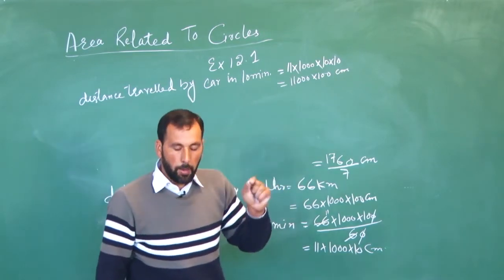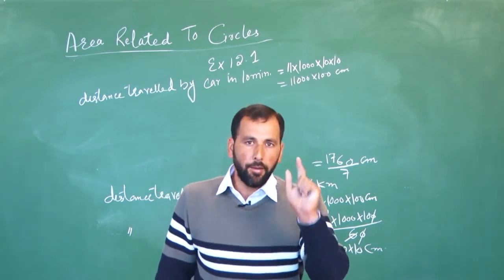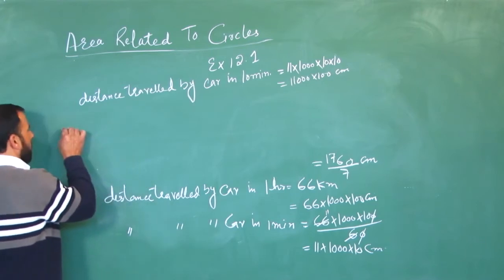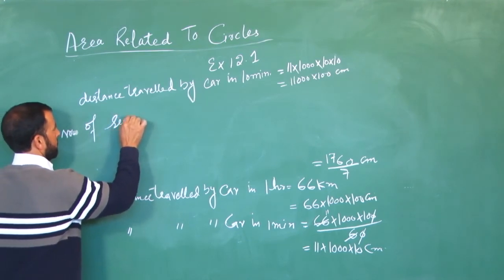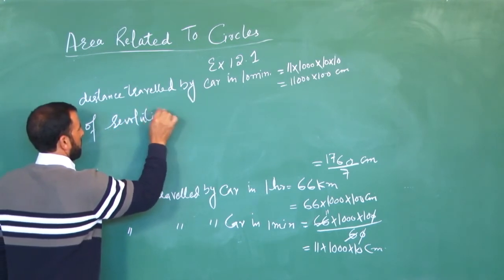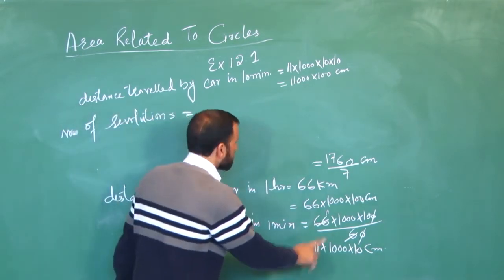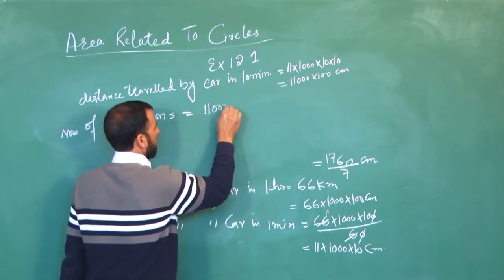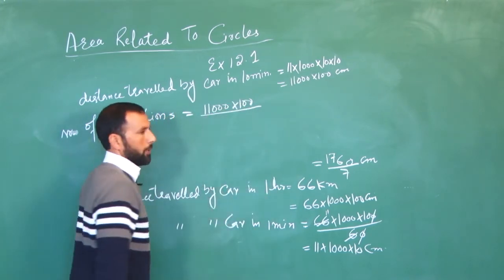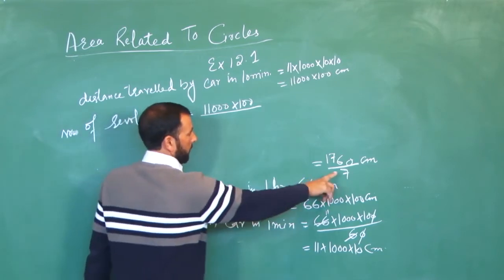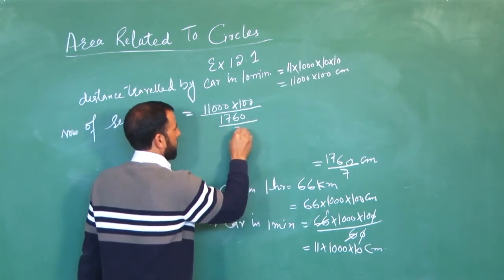Now what we have to find? The number of revolutions each wheel makes in 10 minutes. Therefore, number of revolutions is equal to the distance traveled by the car in 10 minutes, that is 11,000 into 100, divided by the distance traveled by the wheel in one revolution, that was 1760 divided by 7.